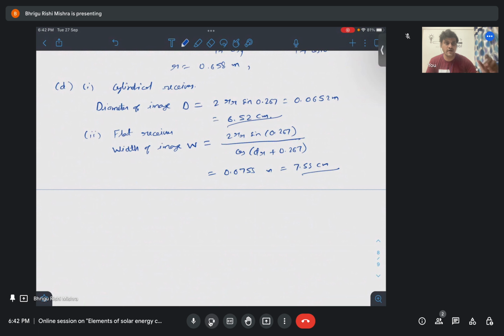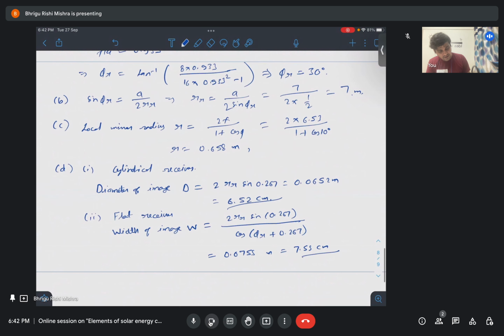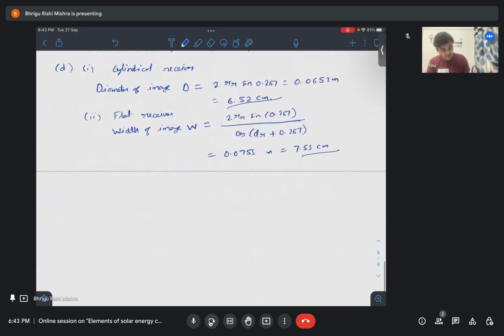The dimension of the image increases. We can check this here, it is cos phi r. So as phi r increases, this cos decreases, and thus the width of the image increases. That you can check.